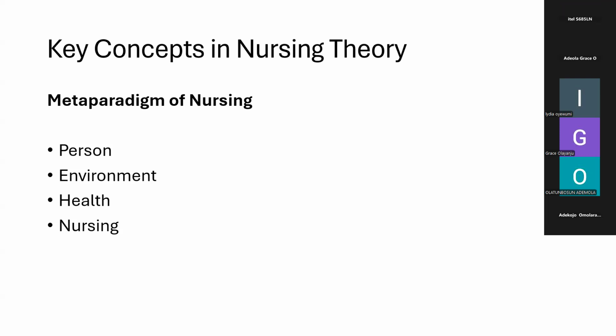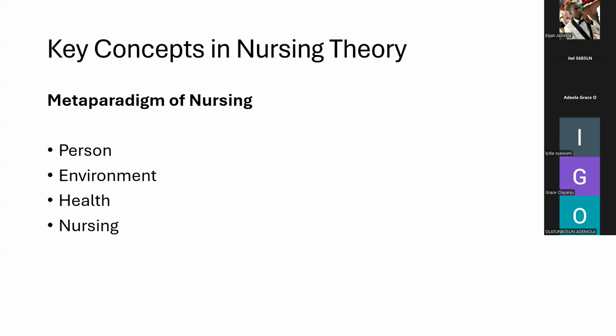That's the way they view a person. But somebody else will see a person as somebody who has a right to self-determination and has a right to be involved in his or her own care.